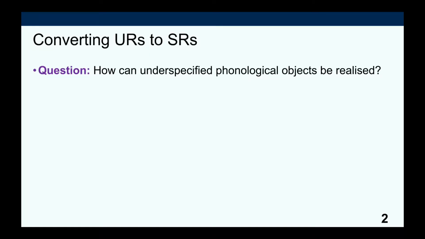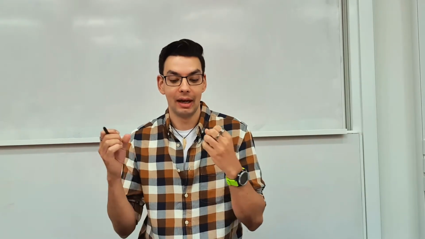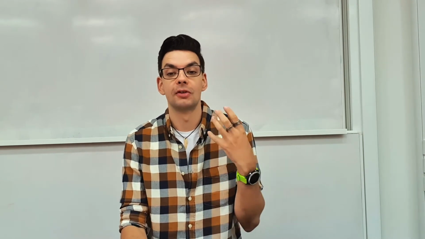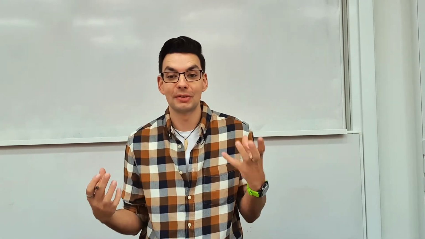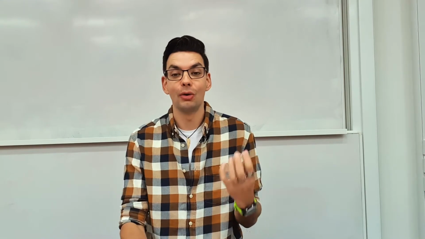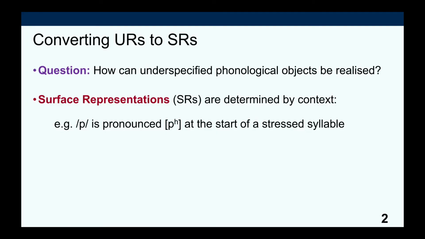We're going to start with the question of how these underspecified phonological objects can actually be realized, how they can be carried to a surface form or surface representation. So surface representations, of course, are context sensitive. The speaker of English knows that the sound /p/ at the start of a stressed syllable will be pronounced with aspiration and elsewhere without.